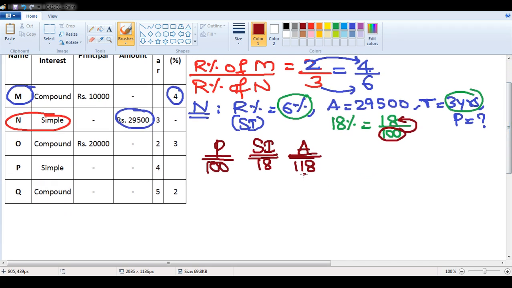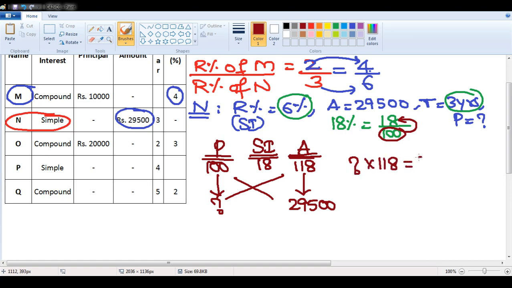But amount according to the question is 29,500. According to the question, what will be the principal? Cross multiply and simplify. Question mark into 118 is equal to 100 into 29500. I am sure you know how to simplify. So this is 118 into 1, 118 into 250.